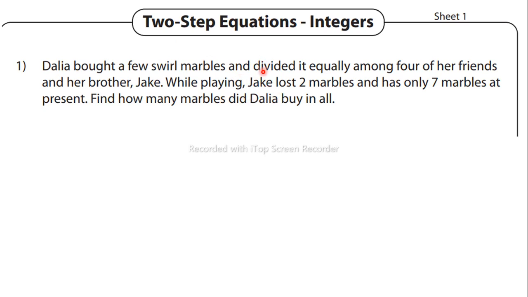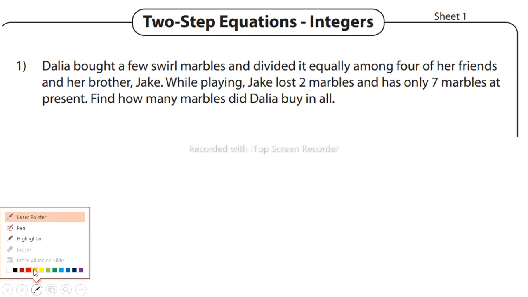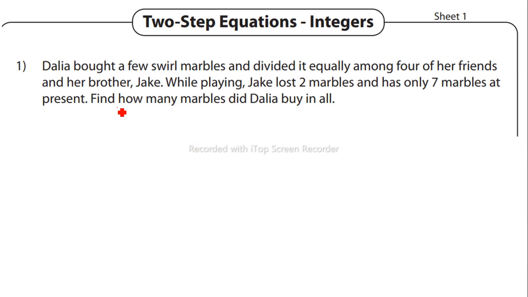But the first step to these things is you need to identify what you're looking for. Okay, so the question asks us specifically, how many marbles did Dahlia buy? So we're talking specifically about Dahlia. We know she bought some marbles.